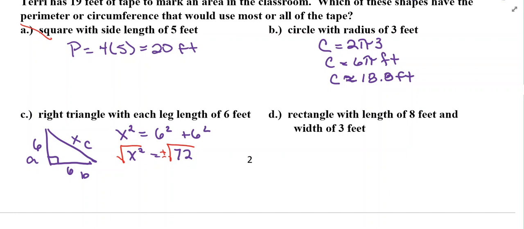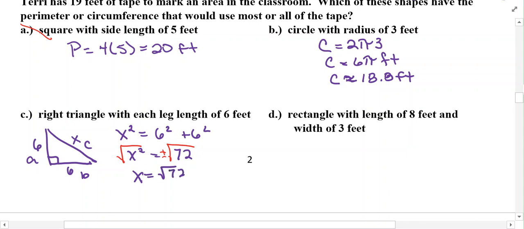But the reason I will continue to show that all year is because when you go to Algebra 2 next year, if we don't do that, then you're going to forget to do it, and you will be counted off for your problems. So here I have that x is radical 72, which is approximately 8.5.